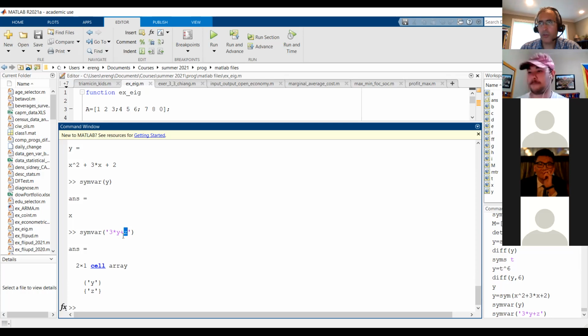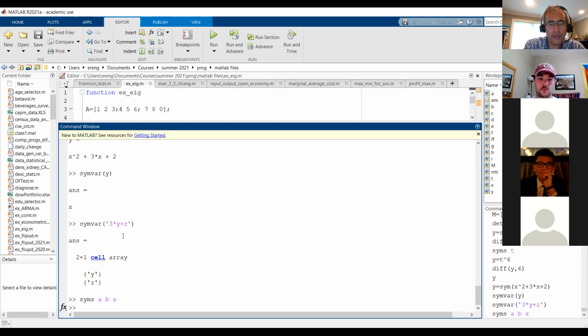Yeah, this is also interesting. So let's define syms a, b, and x. And let's define f simply as a times x to the power 2 divided by b minus x, something like that.